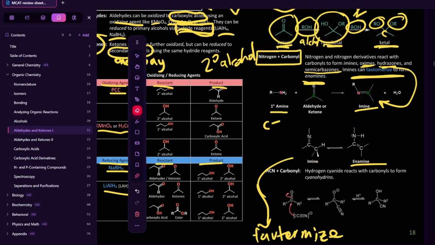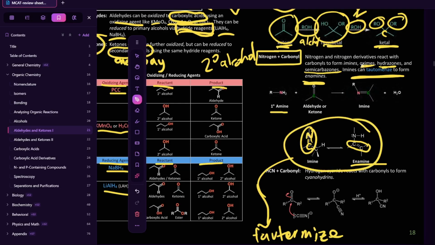We have C double bonded over here to N, right? But over here, it's C double bonded to C, right? So that's something to notice. Now you can think of an imine and its enamine as two snapshots of the same coin flip. The double bond and the proton just trade places, so the nitrogen versus the neighboring carbon, but it's the same atoms, they're just rearranging, right? So that's tautomerization happening there.